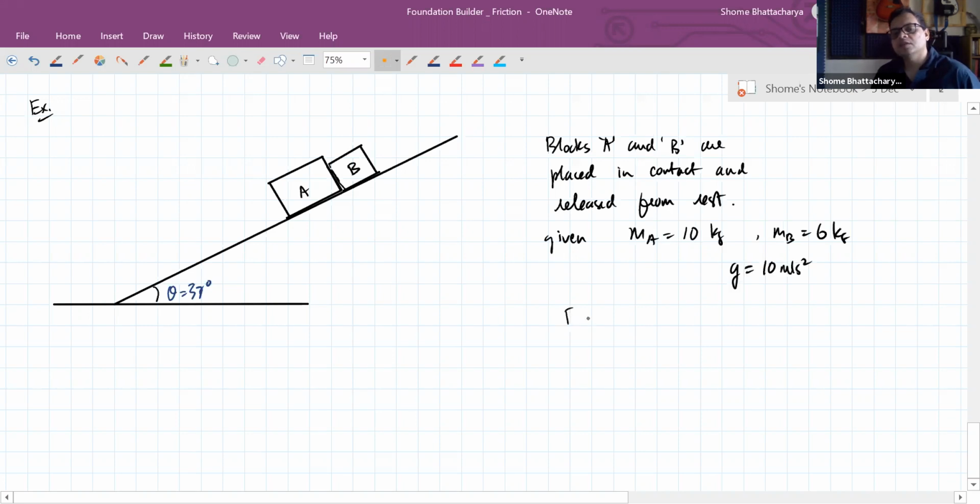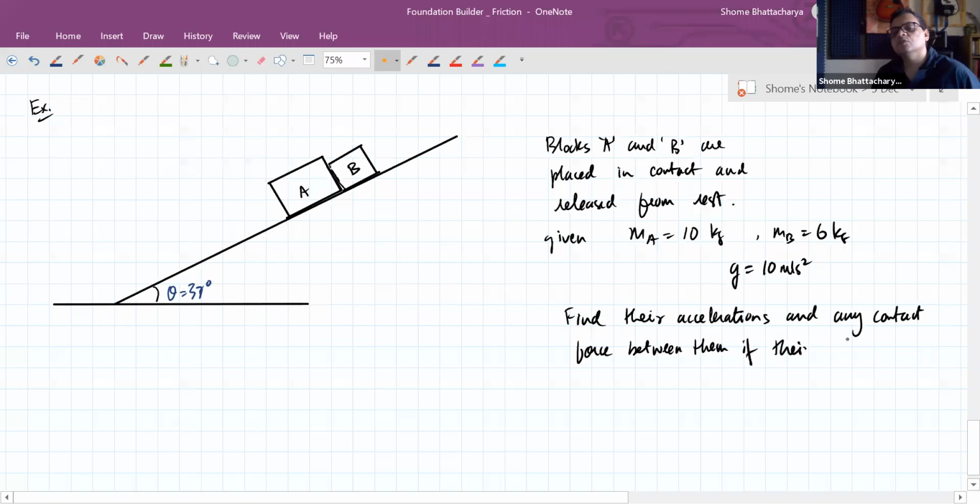Find their acceleration and any contact force between them if their individual coefficients of friction are as follows.